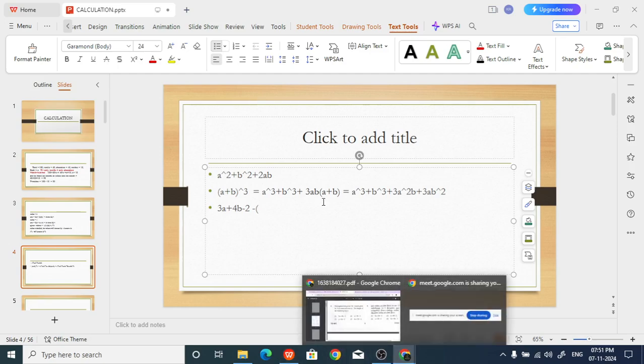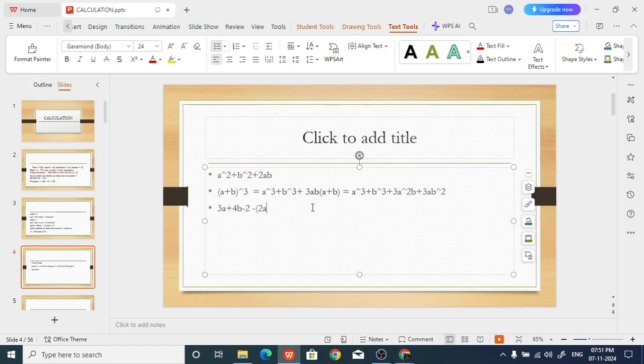So what will you get? 3a will be there, same, plus 4b, we will write, minus 2, we will write, minus, so that will be minus 2a plus b, isn't it? So that will be equal to a plus 5b minus 2.